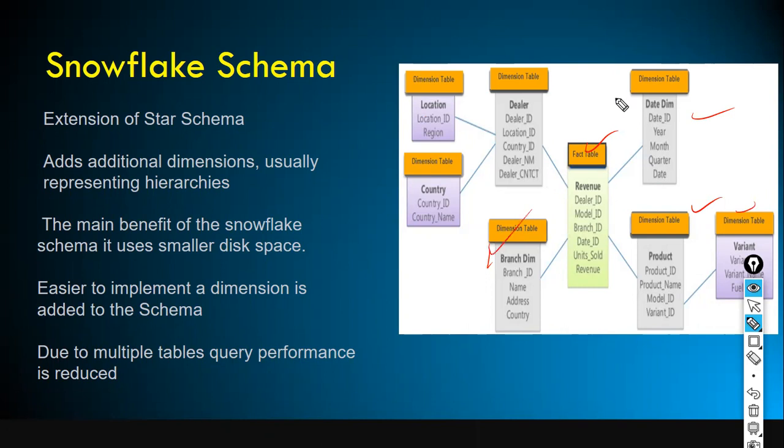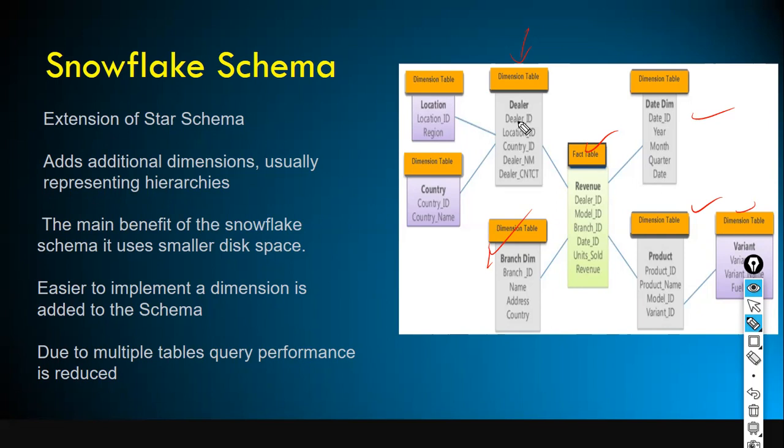Everything is good. But if you see here, this single dimension got broken into 3 different dimension tables. We have split a single dimension table into 3 dimension tables in this case.